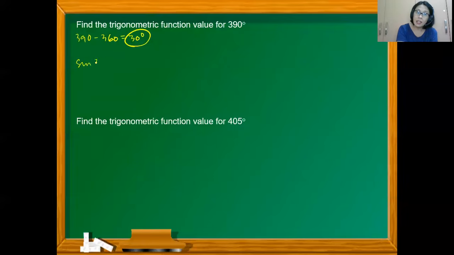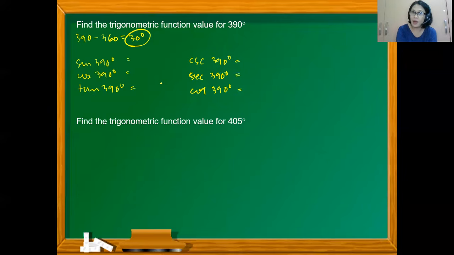So sine 390, cosine 390, tangent 390, cosecant 390, secant 390, cotangent 390 is equal to the TFV of angle measures 30 and everything is positive.